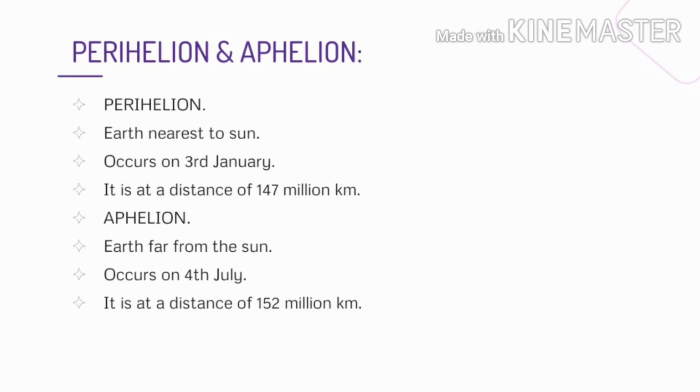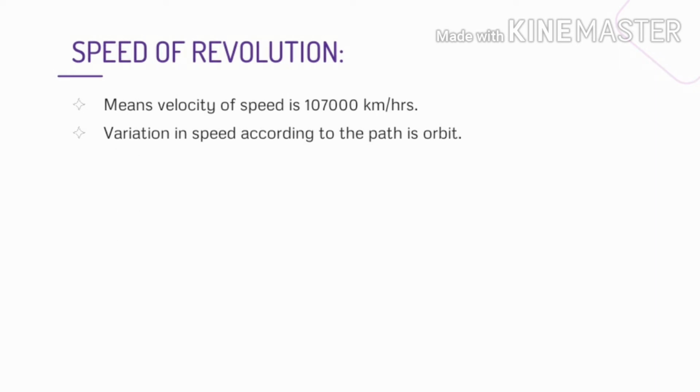Now the next thing that we will be dealing with is the speed of revolution. What exactly is the speed of revolution? The mean velocity of the Earth's revolution is about 10 lakh 7,000 kilometers per hour, or we can also say 30 kilometers per second.